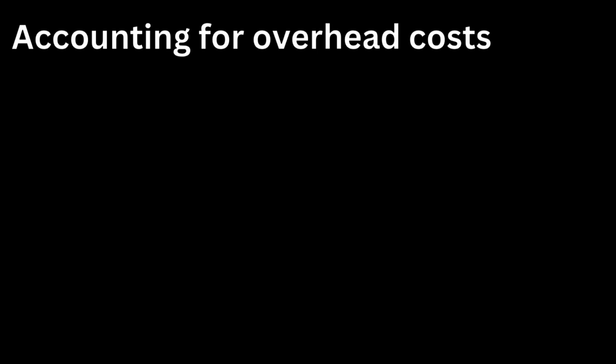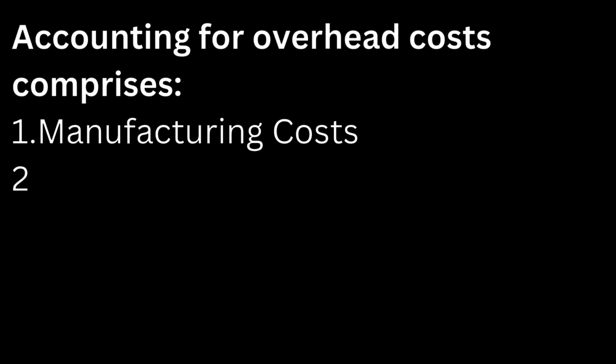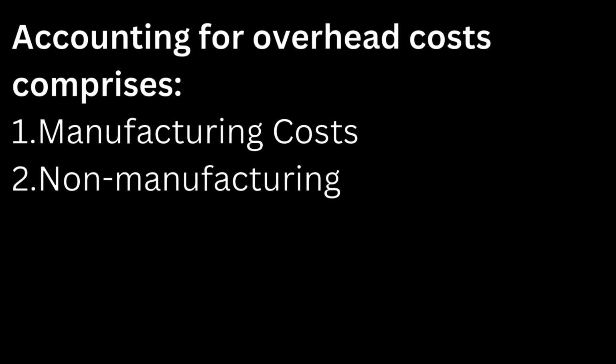Overhead cost accounting, or accounting for overhead costs, will comprise both manufacturing and non-manufacturing costs, and that's what we are going to look at. We shall first deal with the theory bit of it. Then we tackle quite a large number of examples here and there, so that we try to appreciate the concept.